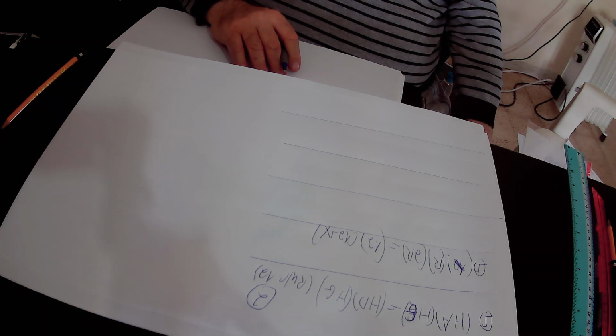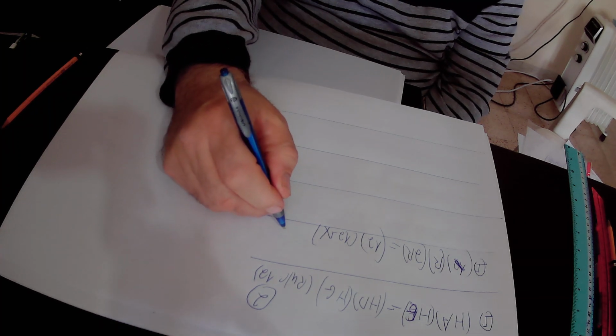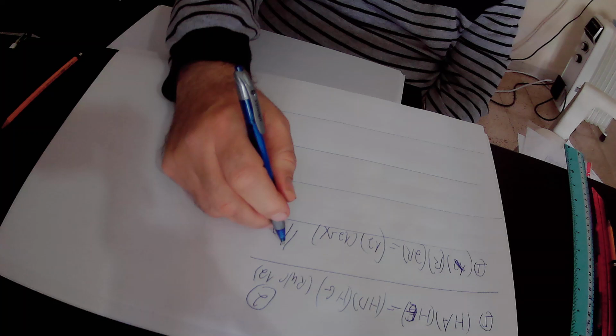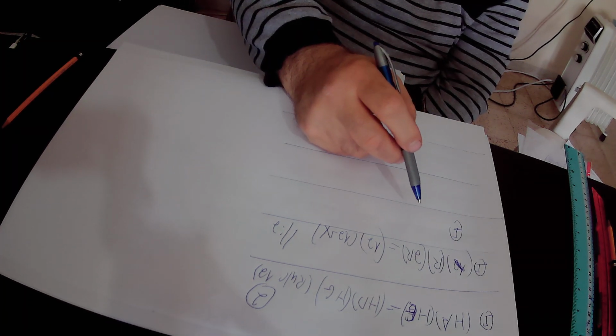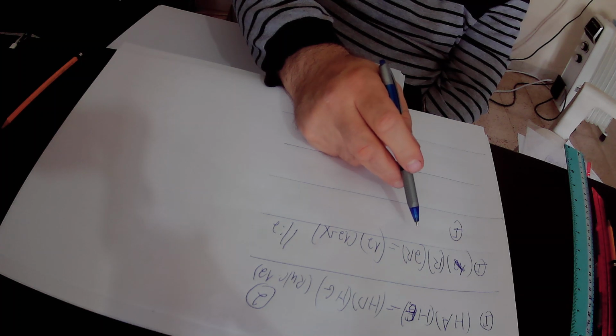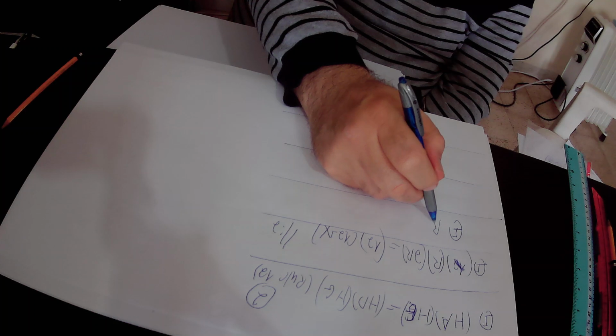This is equation 1. We divide equation 1 by 2, and we get that on this side of the equation, R times 2R is 2R squared, and 2R squared over 2 is R squared.